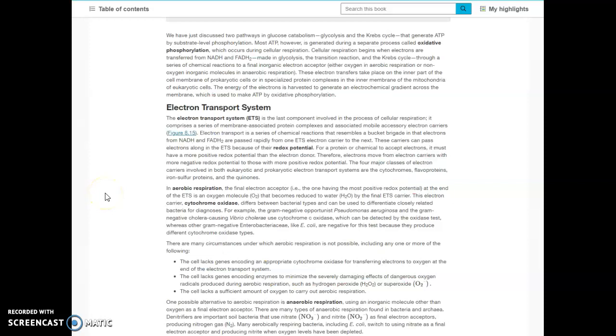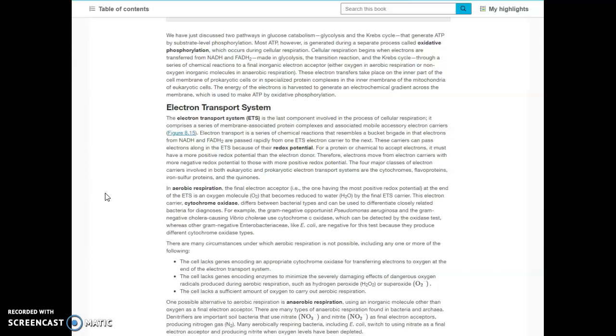Now, the last step in the whole process, if we're trying to extract the maximum amount of ATP that we can, we're going to take the products of the Krebs cycle, and all of those electron carriers that have been reduced, that are carrying those electrons for us, and we're going to enter into a separate process called oxidative phosphorylation.